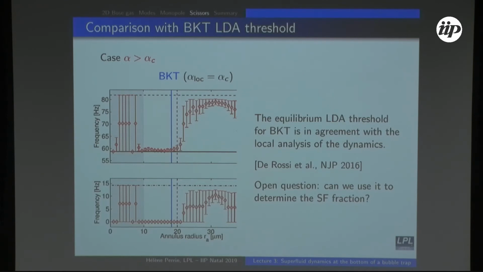And so one dream would be, could we see something like a jump? But again, it's a finite system, so calling it a jump is a bit too much. But something we could wonder is, can we extract, for example, the superfluid fraction from this kind of frequency measurement? So this, I don't know, is still an open question.